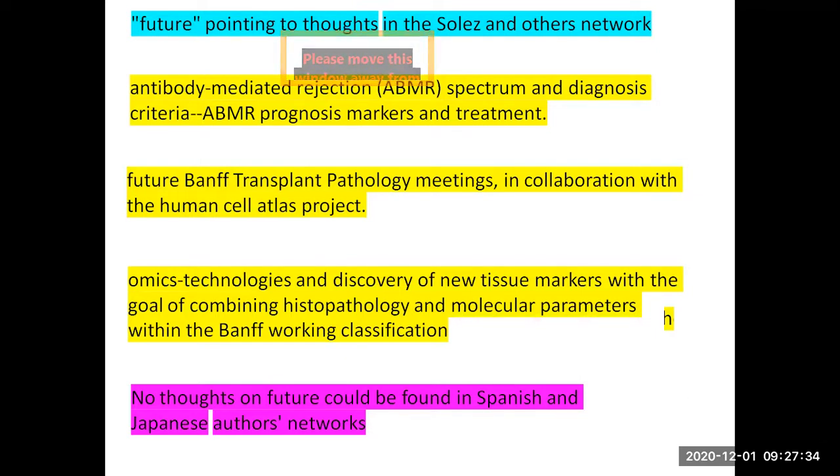It looks like more and more precision is going to be added to medicine through these technologies. This is a feeling I could get from looking at this data. And combining histopathology and molecular parameters is going to be the future in this area.